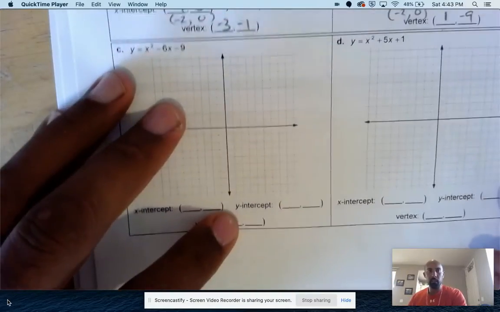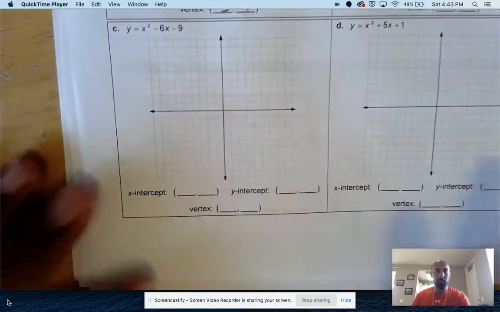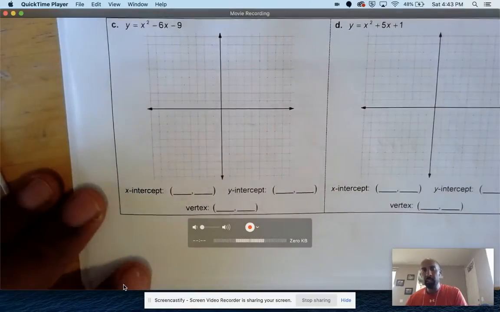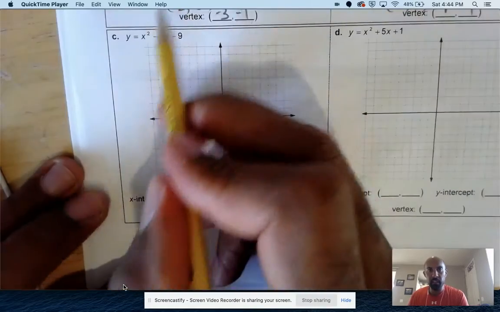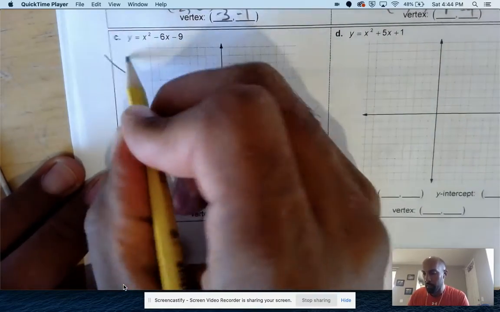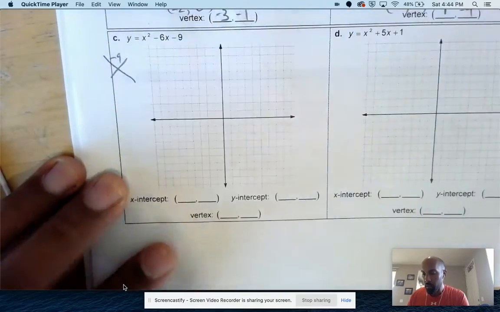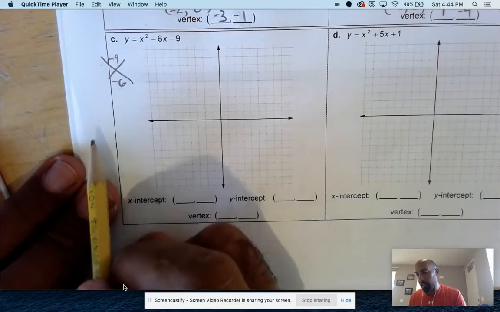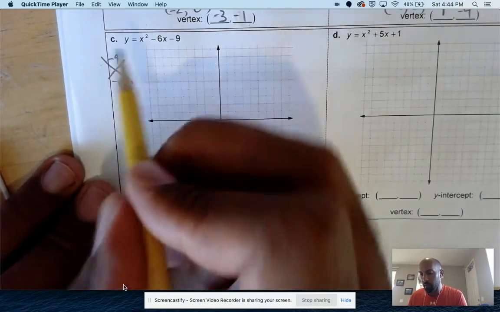Okay. All right, so now let's take a look at these problems down here. For these problems, I was taking a look at them, and I noticed that if I tried to do the x here, I'm just going to show you. I put -9 there, -6 here, and try to think of two numbers that multiply to 9 and add up to 6.